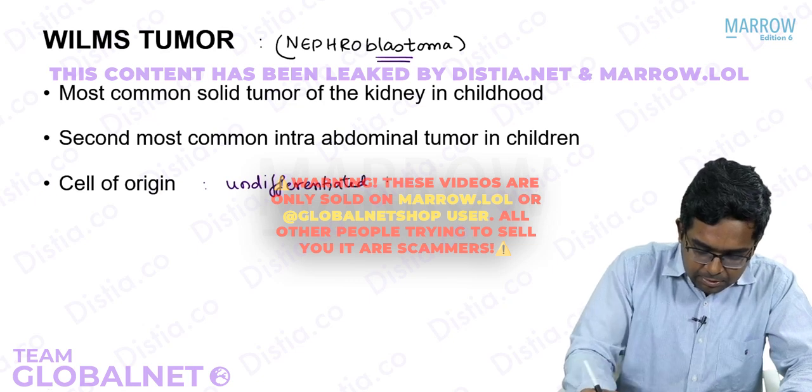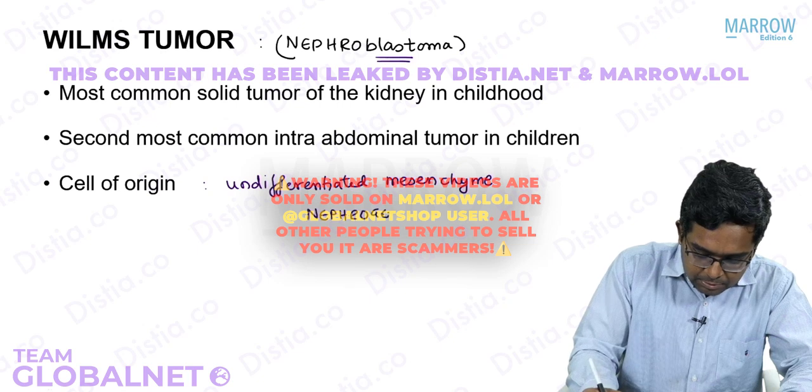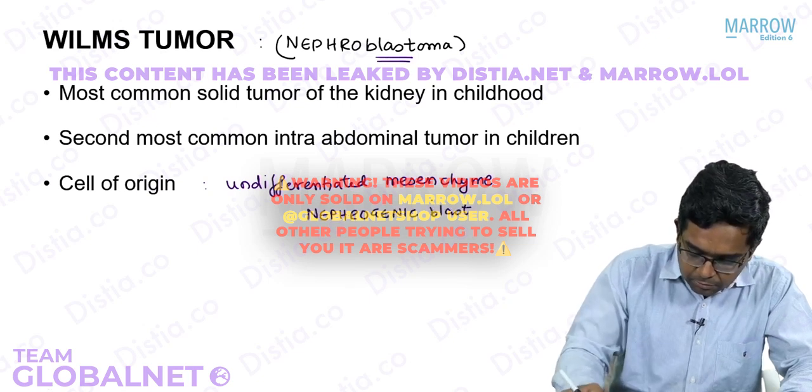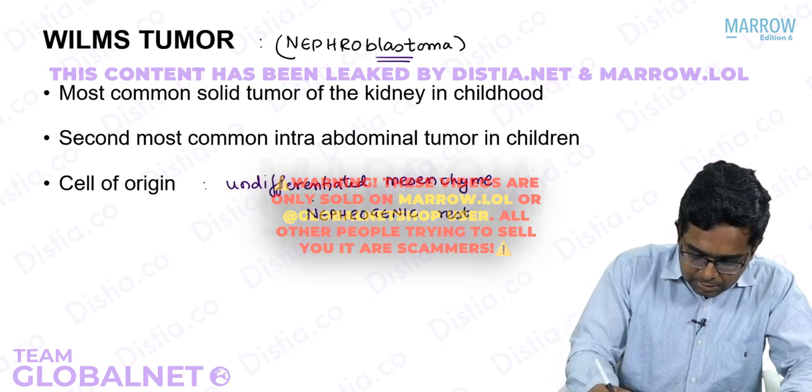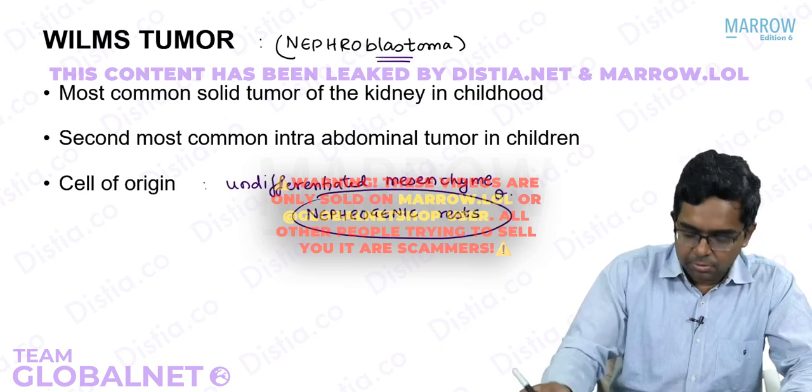Undifferentiated mesenchymal cells of the kidney are called the nephrogenic rest. This is an important point to be noted. If they ask you the cell of origin, it is nephrogenic rest. That is the answer which you need to remember. It's a commonly asked question also.